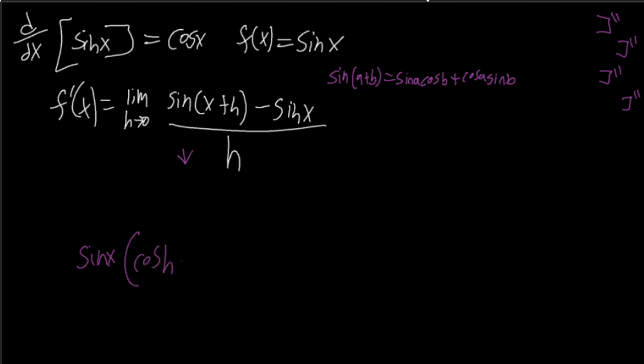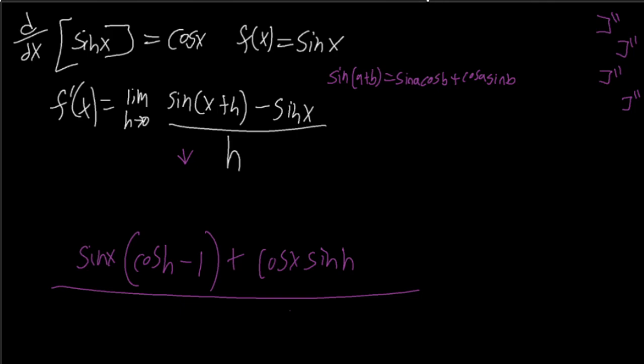Now, we had sine x minus sine x here, but since we factor it out, it turns into a negative 1, plus the cosine x multiplied by sine h all over h.